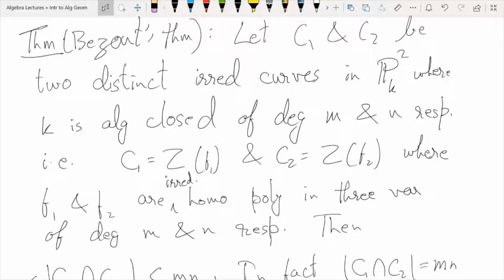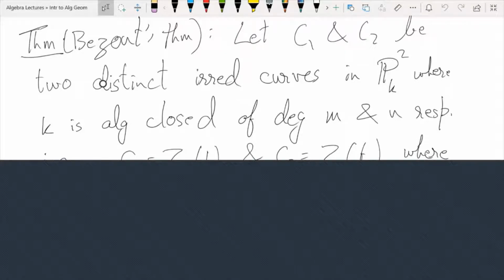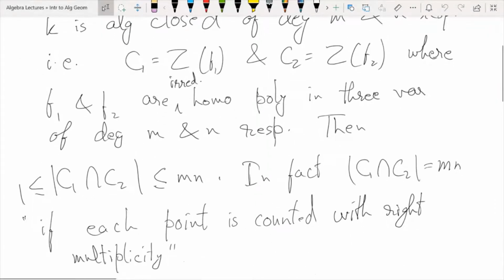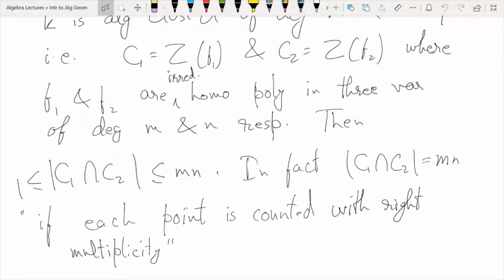Since C1 and C2 are irreducible curves, the polynomials which define them are irreducible homogeneous polynomials. So this is the statement, and today we'll hopefully see a proof of this.